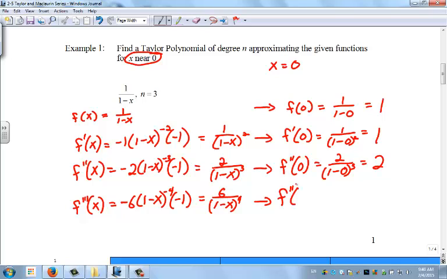And so then f triple prime at 0 is equal to 6 over 1 minus 0 to the fourth, which is equal to 6. Now all we have to do is generate our polynomial.